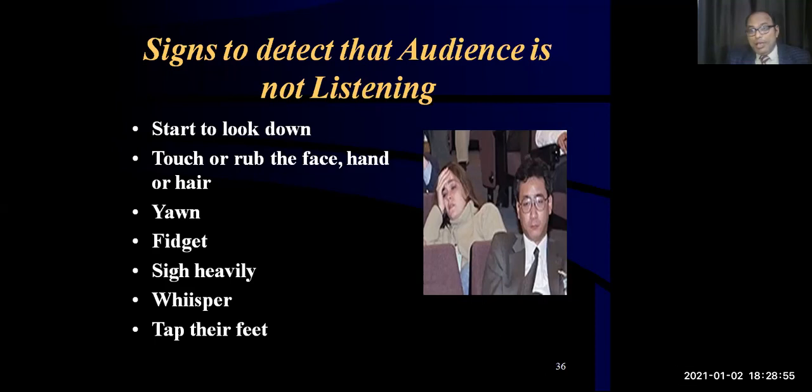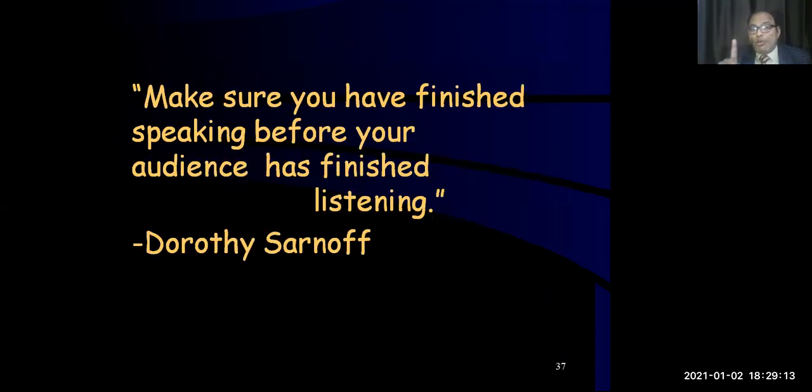Somebody is murmuring. That means they're not interested in listening to you. And somebody is tapping his or her feet. It means they are not interested in you if they are doing so. Make sure you have finished speaking before your audience has finished listening.